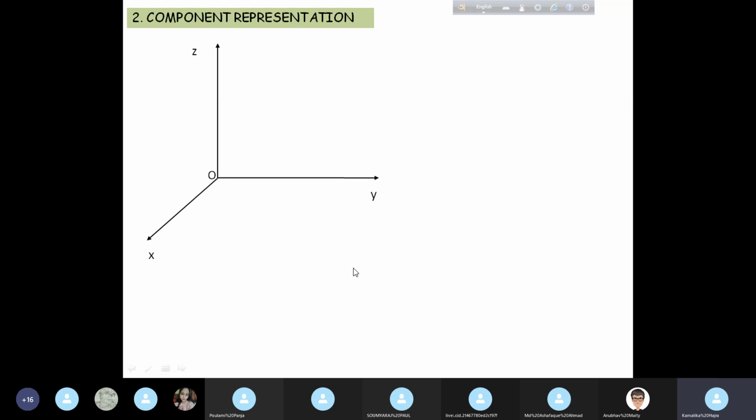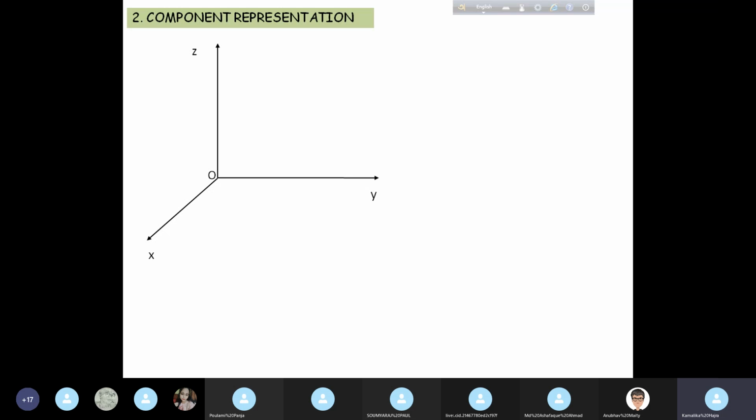Okay. And before moving on to the component representation, I would also like to tell you that, remember, this is not a unique coordinate system. This is only a special kind of coordinate system that we are presently using for our convenience.